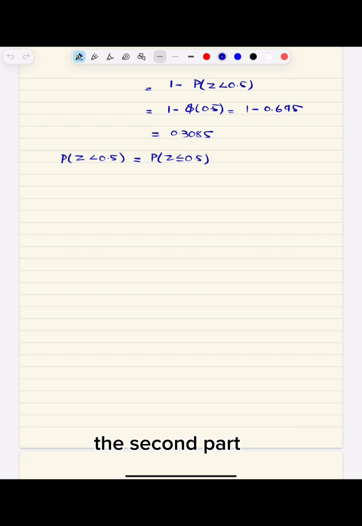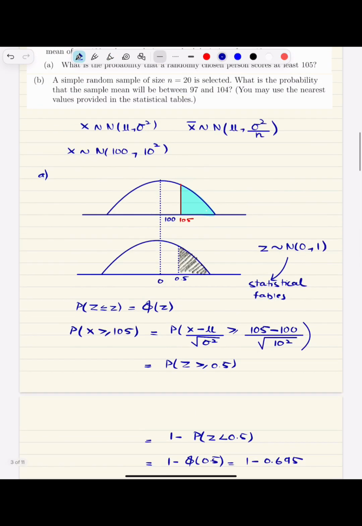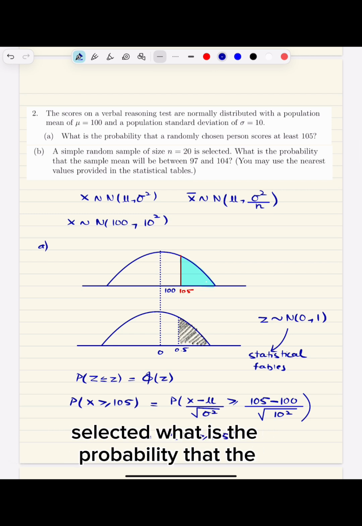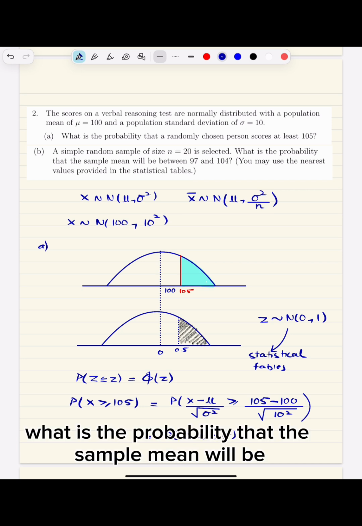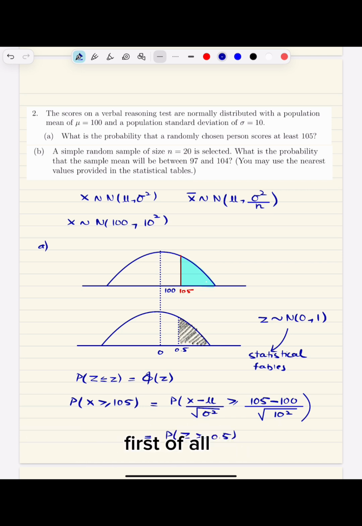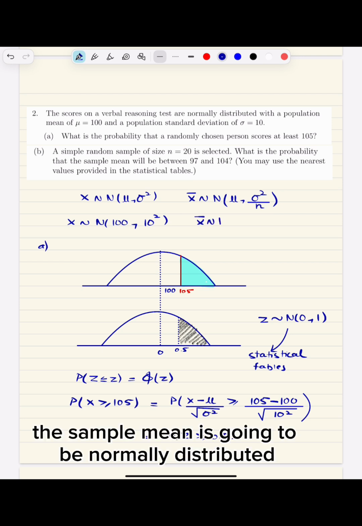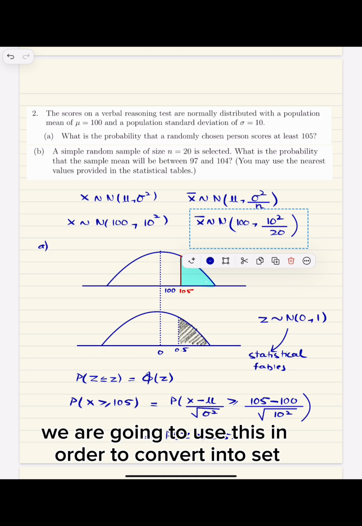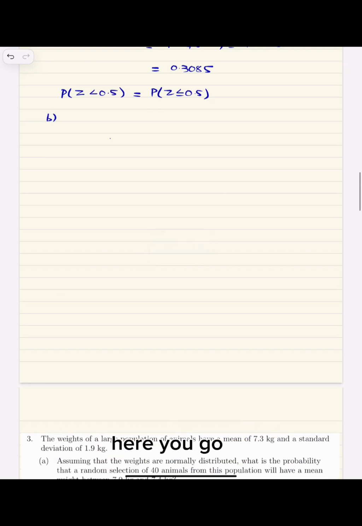Okay, the second part. It says a simple random sample of size n equal to 20 is selected. What is the probability that the sample mean will be between? First of all, the sample mean is going to be normally distributed with mean 100 and variance 10 squared over 20. We're going to use this in order to convert into the z variable.